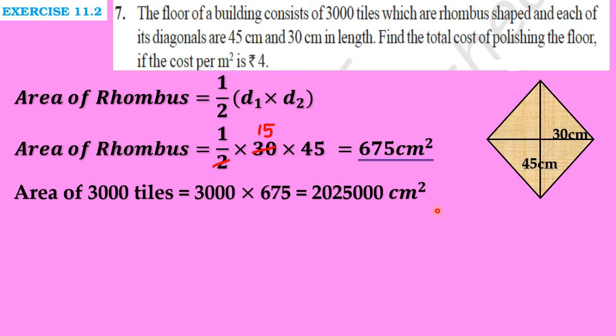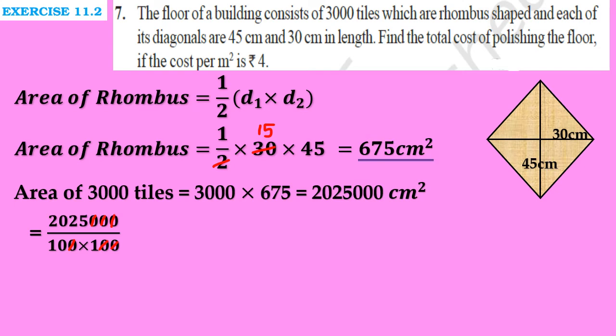And as I told you, we want to convert it into meter square. So how will you convert centimeter square to meter square? We know that 100 centimeter equal to 1 meter. So to convert centimeter to meter, you need to divide by 100. But here it is centimeter square. So to convert centimeter square to meter square, you need to divide by 100 into 100. That's the important point, should not forget.